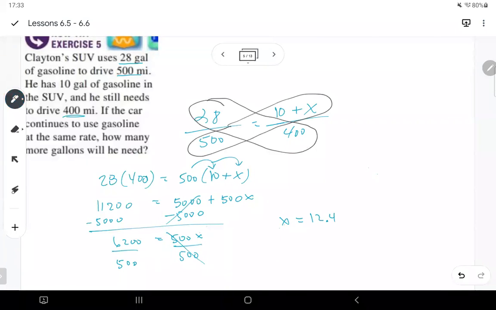This one you want to say Clayton will need an additional 12.4 gallons of gasoline.